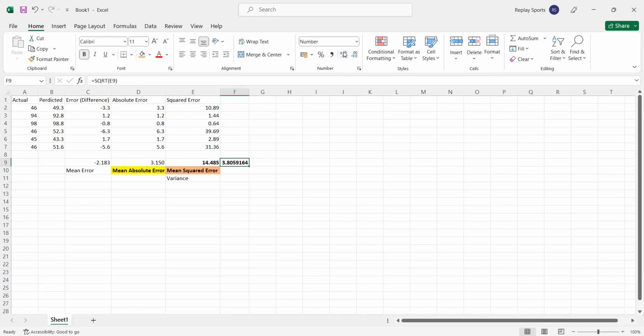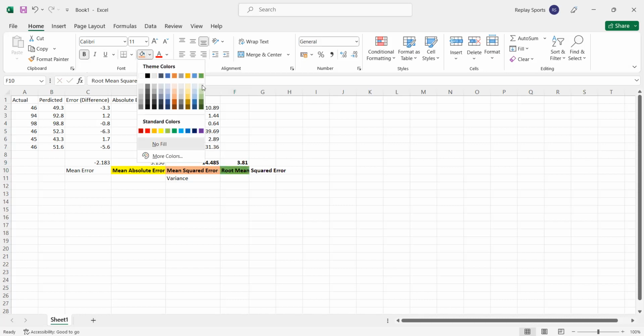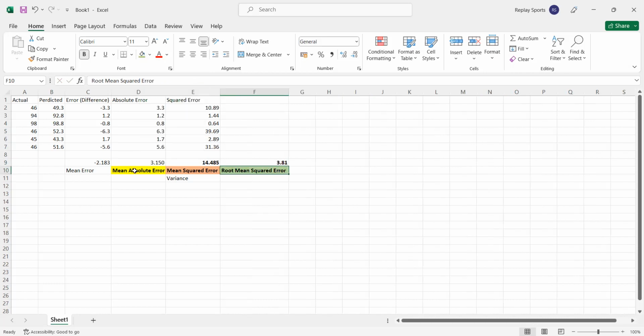So now what do we call this value? Root mean squared error. Yes, this is your root mean squared error, and this is the most important metric. Second most important is MAE. Third is mean squared error, which is nothing but the square of RMSE.